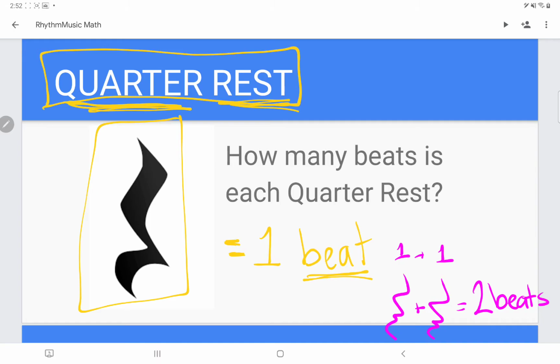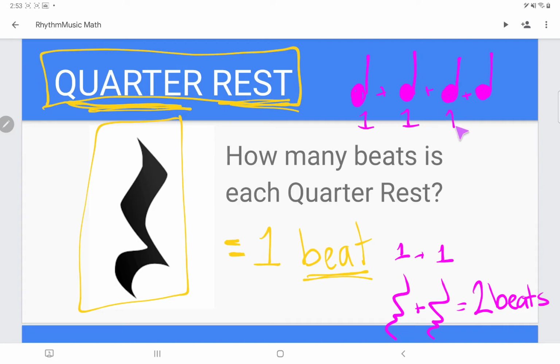And this is what happens whenever we have more than one type of beat. So if I'm just looking at 1 quarter note or 1 quarter rest, then it's just 1 beat. But if I have, let's pretend, 4 quarter notes up here, then that would be equal to 4 beats because each one of these is 1 beat.